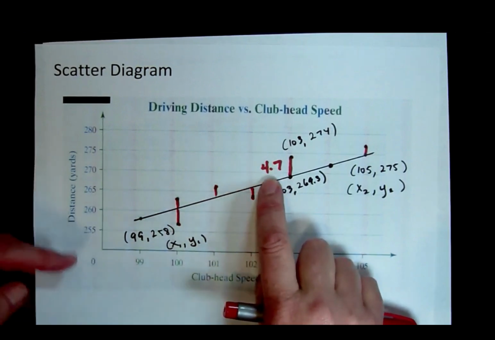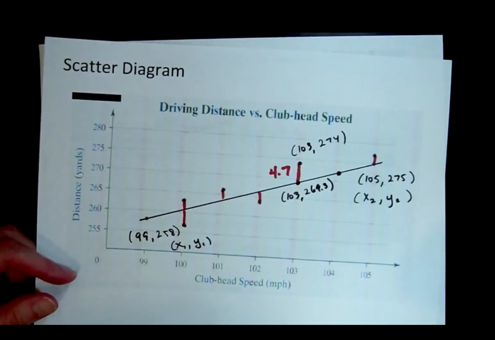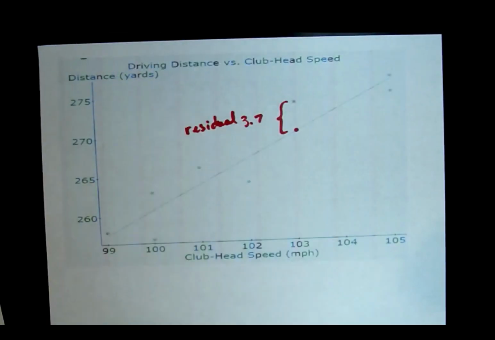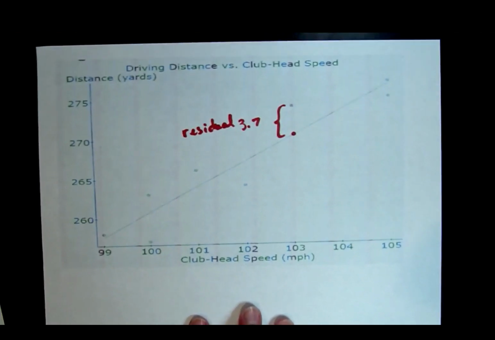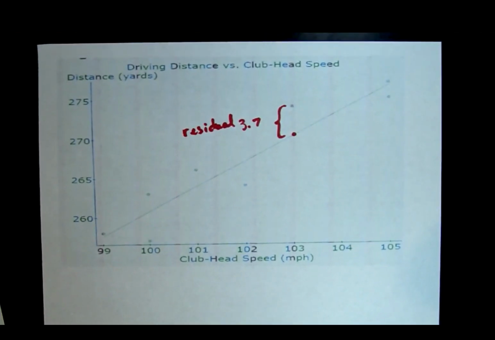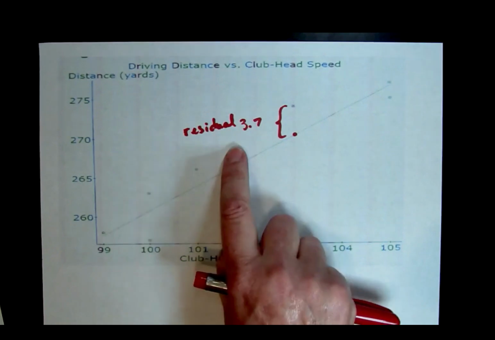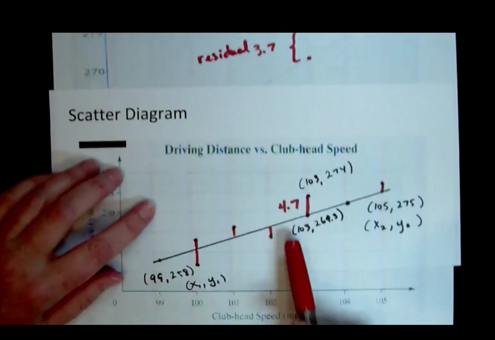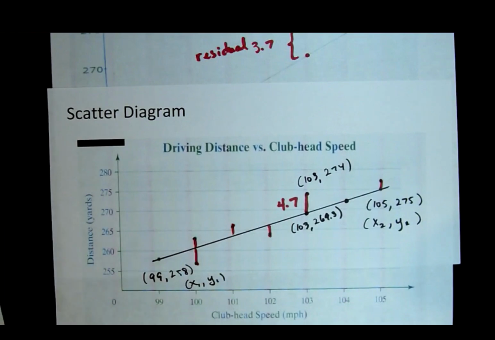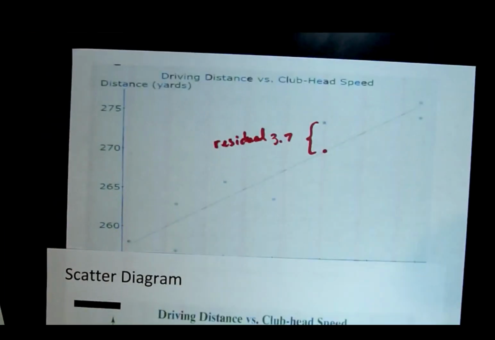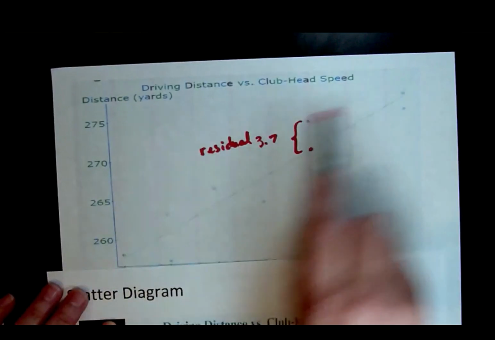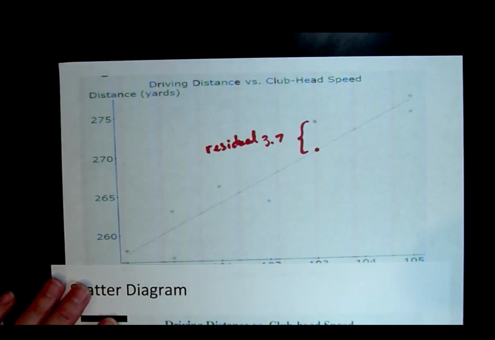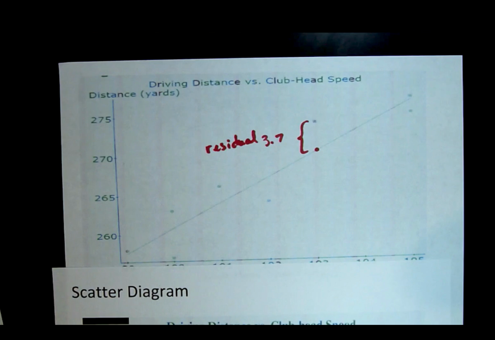So for that line that we just kind of eyeballed and drew in, the residual is 4.7. This is 3.7. I just want to point out that it would not necessarily be true that the residual for the least squares regression line would have to be less than the residual at that point for a line that's not as good. What the least squares regression line gives you is the sum totality of all the residuals is minimized. So in general they'll be smaller, but some of them could actually be bigger.